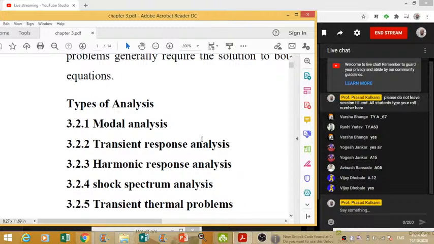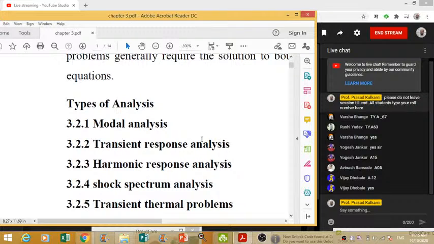And the selection of the proper type of analysis must be done well, because if you select a wrong type of analysis for a particular problem, it will not give you the expected results. That is the issue with most of the experts or learners, beginners. So this is an important part in CAE, computer aided engineering.